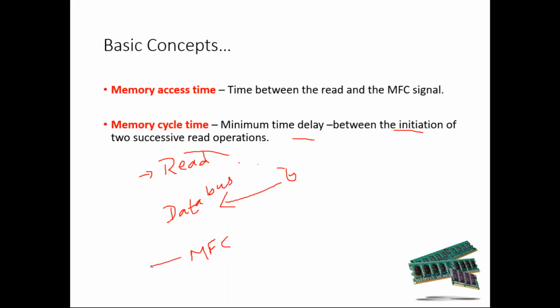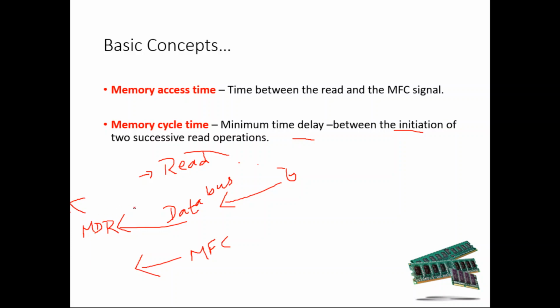Once the processor receives this MFC signal, it will move the data from the data bus to MDR. And from MDR, the data can be moved elsewhere, wherever it is wanted. This is one read operation.